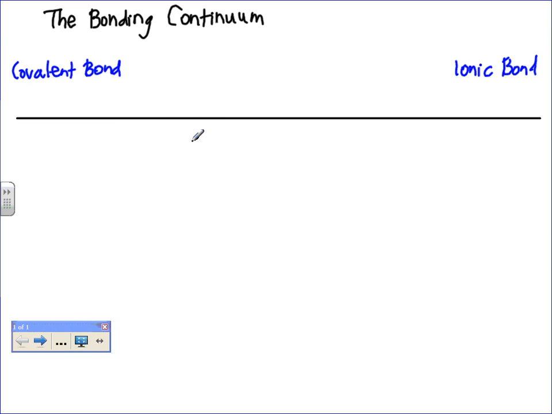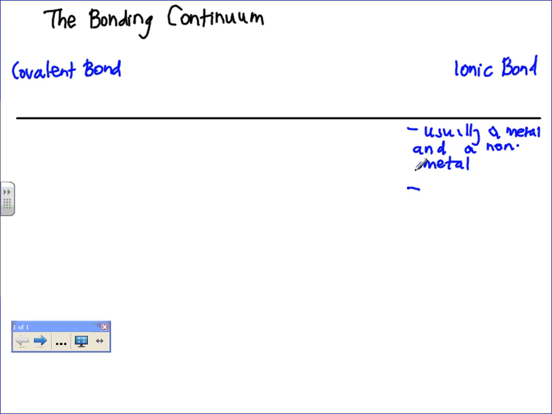Now in our review, it's very clear that people knew that an ionic bond is formed usually between a metal and a nonmetal. Now, as you know, all bonds are being formed because atoms are trying to achieve stability.